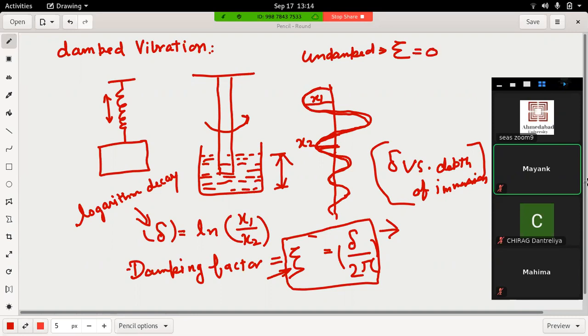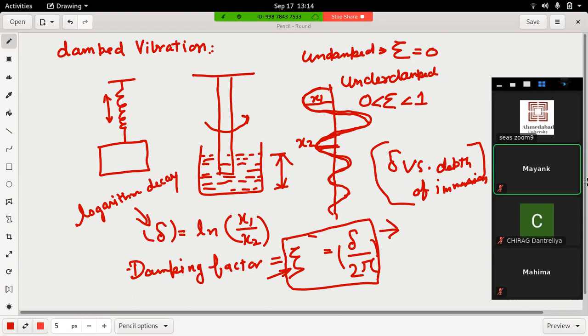And then there are cases of underdamped, although we need to go into much more detail about what underdamped is. But for the cases when zeta is between 0 and 1, the case is called underdamped.